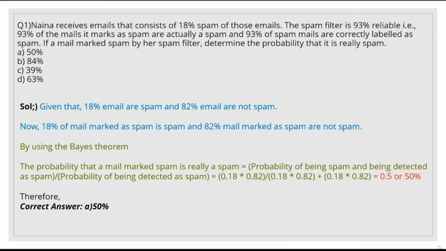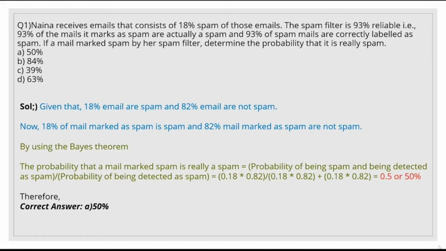Now we will be seeing some numericals, which will be based on the three topics that we have covered so far, so that we will be able to solve all the problems that are actually solved using these in data science. Now, question 1 is given as: Nana receives emails that consist of 18% spam.